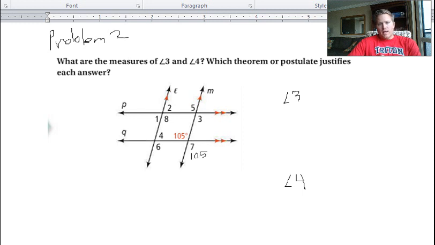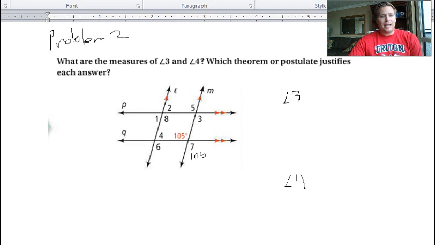So we basically have, you see how we have these lines right here? It's saying that P and Q are parallel, and this is cut by a transversal M and a transversal L, and those two lines are also parallel. Okay. So when I'm looking at this 3, I see that 7 and 3 are corresponding, but I also see that this 105 and 3 are alternate interior angles.